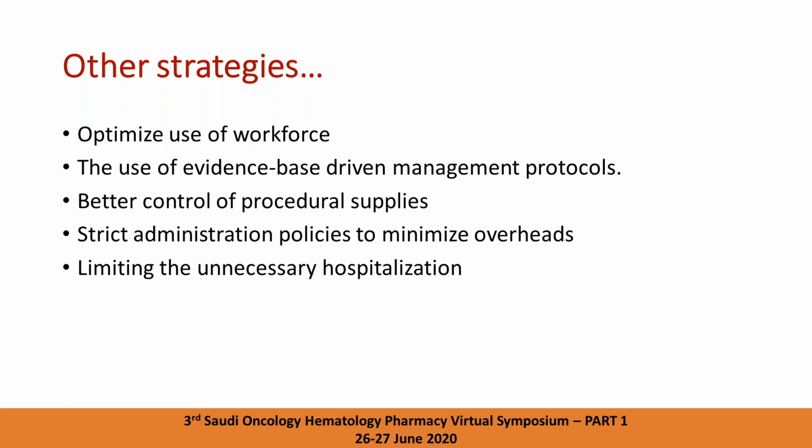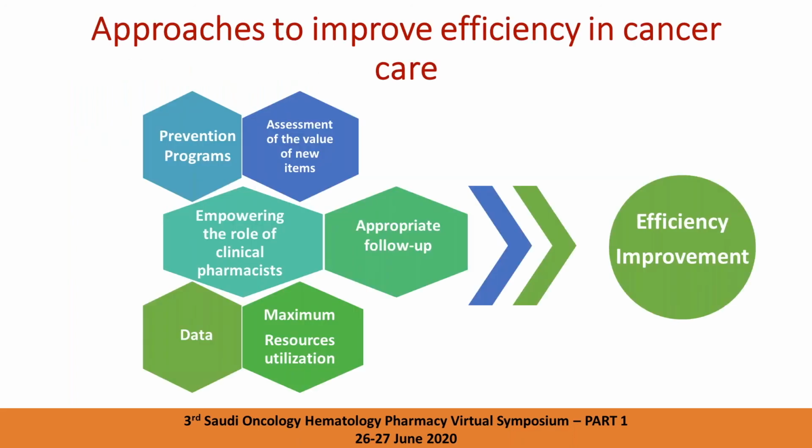So in summary, these are the approaches that can improve efficiency in cancer care. First of all, prevention programs, early detection programs, and screening programs. The use of health economics and assessing the value of new items to promote the use of the most effective treatments or interventions.